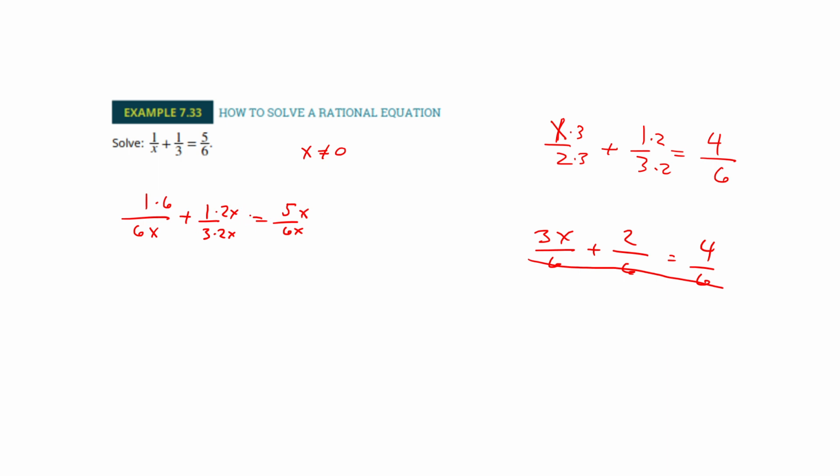The only difference now is we have an equal sign. They are all over the same denominator. That bottom is the same. It has nothing to do with the solution to this. All we have to do is solve 6 plus 2x equals 5x.